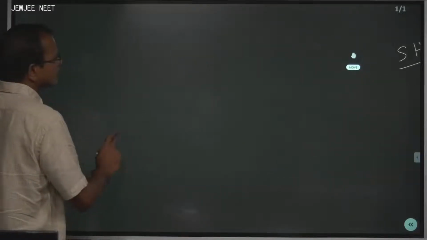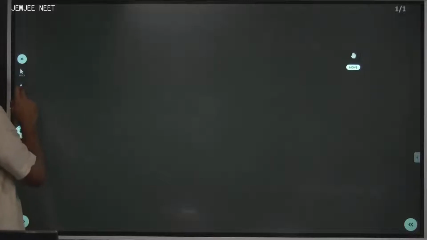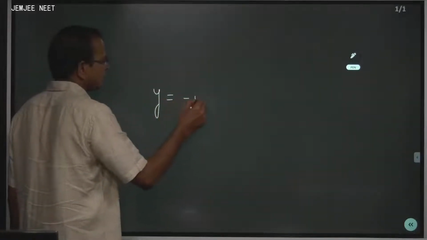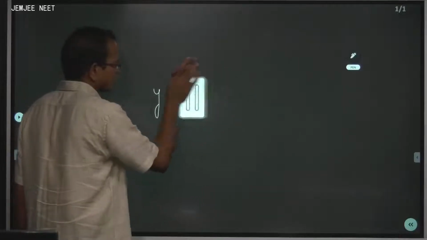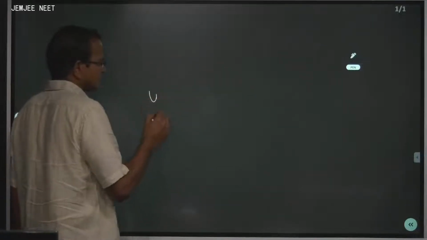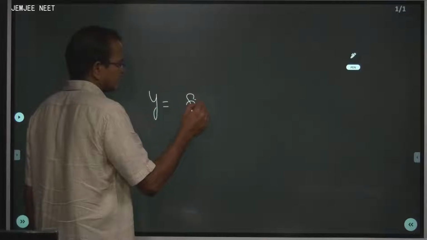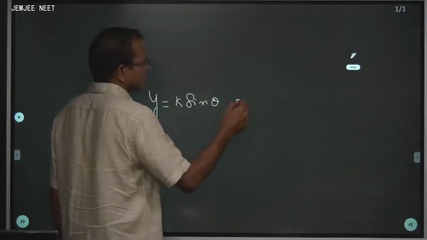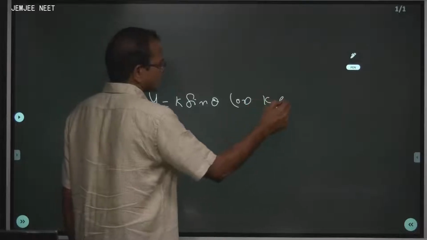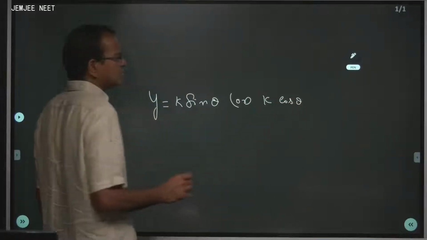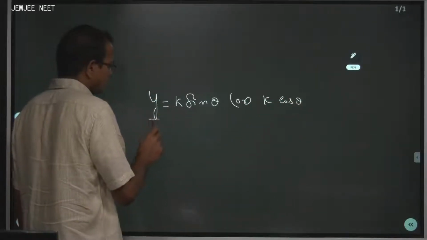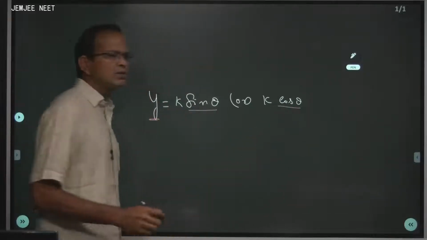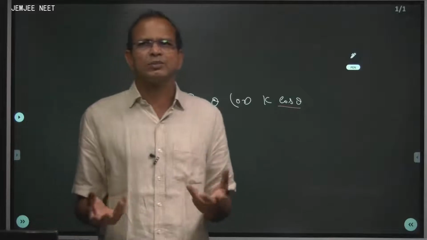What do you mean by that? y is equal to some k times sin theta, or some k times cos theta, something like that. So, if you can describe your displacement in terms of sine or in terms of cos, then you can clearly call it simple harmonic motion.